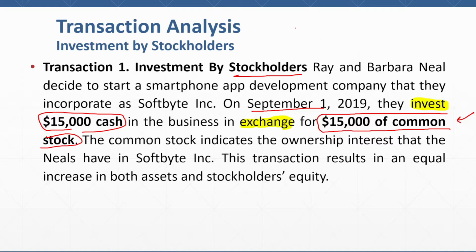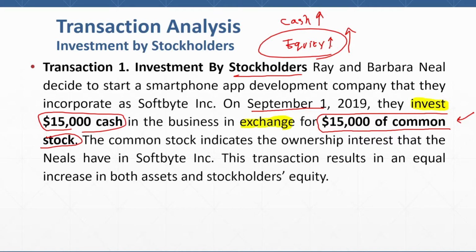So what happened here is that we received cash in our company, cash went up, and also we recorded that now some new people can claim against our assets. Equity is increased now. We do have new owners basically.